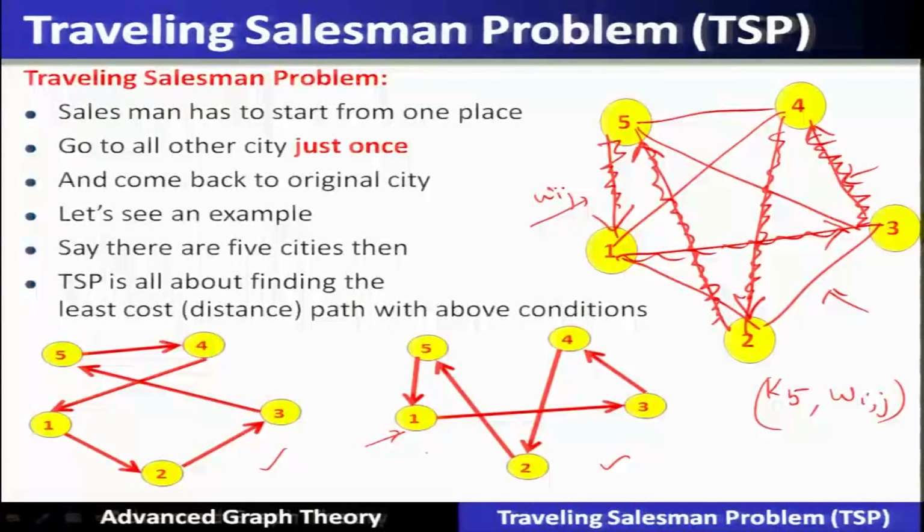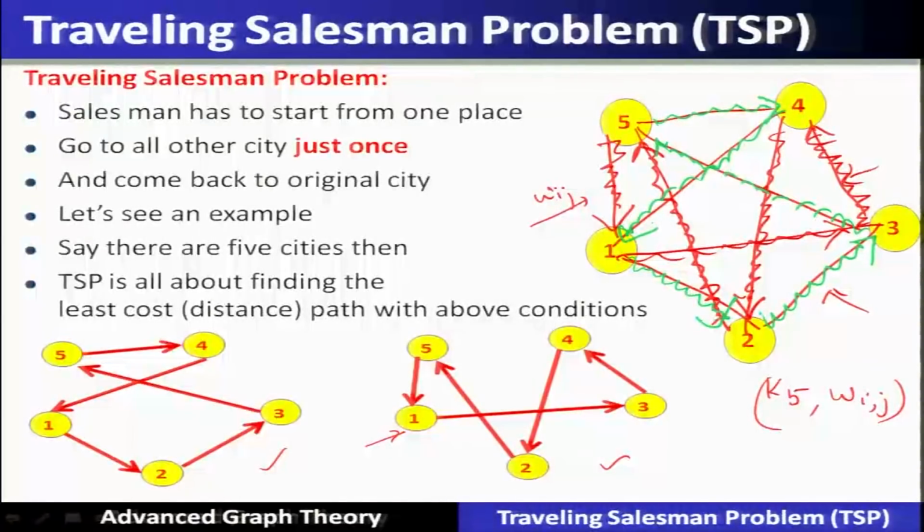Another way is that it will start from 1, go to 2, and from 2 it will go to 3, from 3 to 5, from 5 it will go to 4, and from 4 it will come back to 1 from where it started.